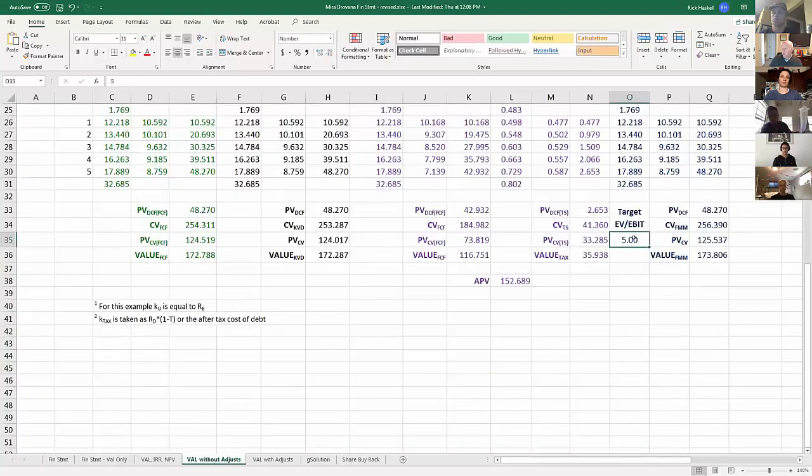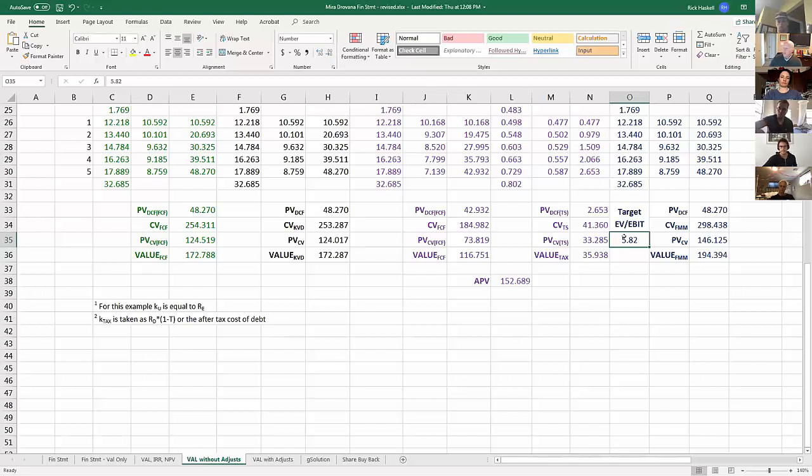We have 5.82. That changes our value rather a lot for the FMM model. At a 5.82 multiple, we end up with a higher value, and something else must be going on in order for that value to be higher. It's not just that we gave it a different number; there's something going on inside of that number. We're going to come back to that in a minute.